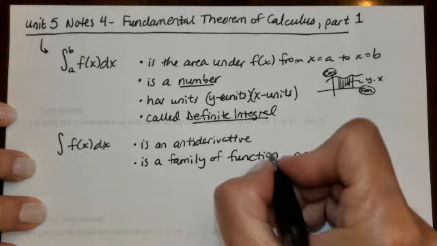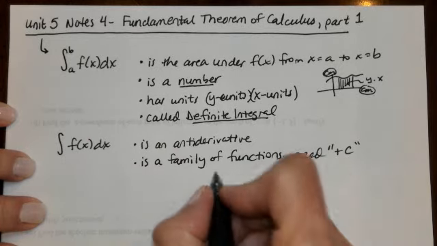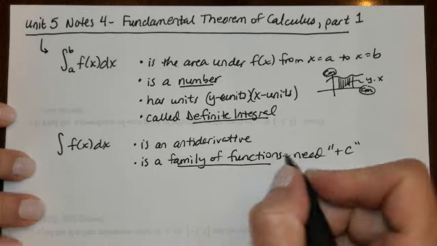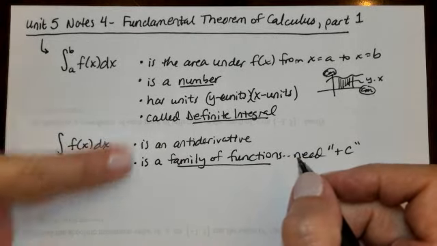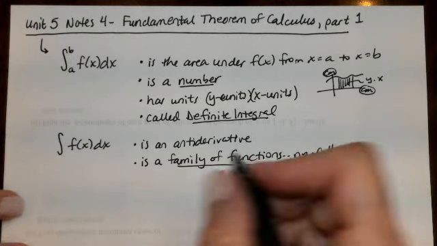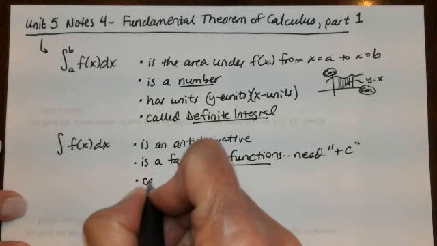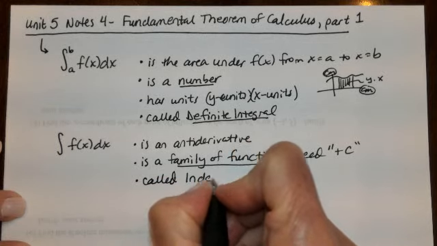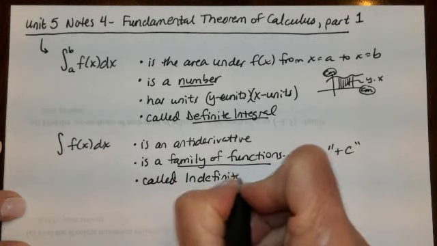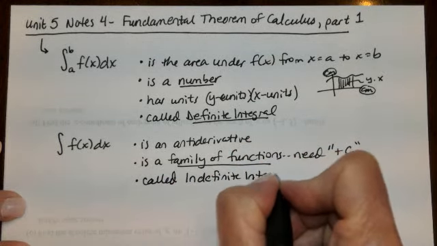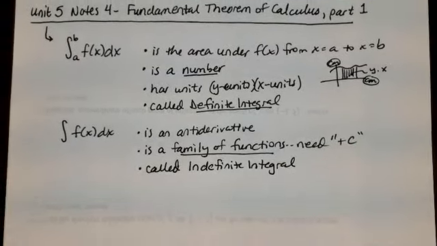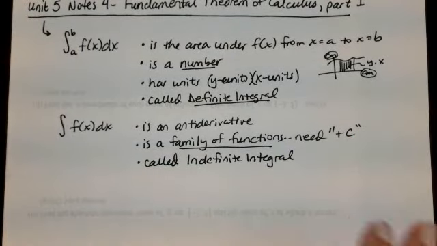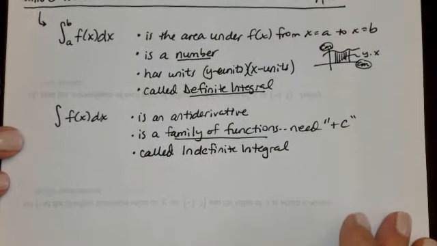So it's a family of functions as opposed to a number up here, right? And it's called an indefinite integral. Okay, so that's the comparison of the two things that we have studied so far in Unit 5.